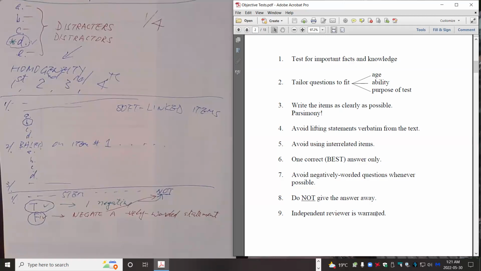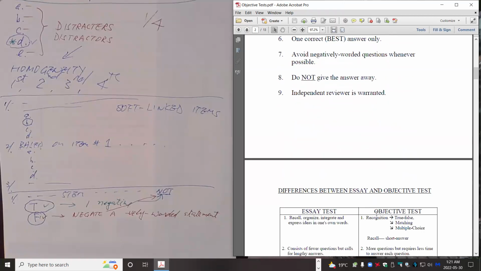All right, now adequacy of the scoring key, whether you have predominantly C, okay? You know what I mean.